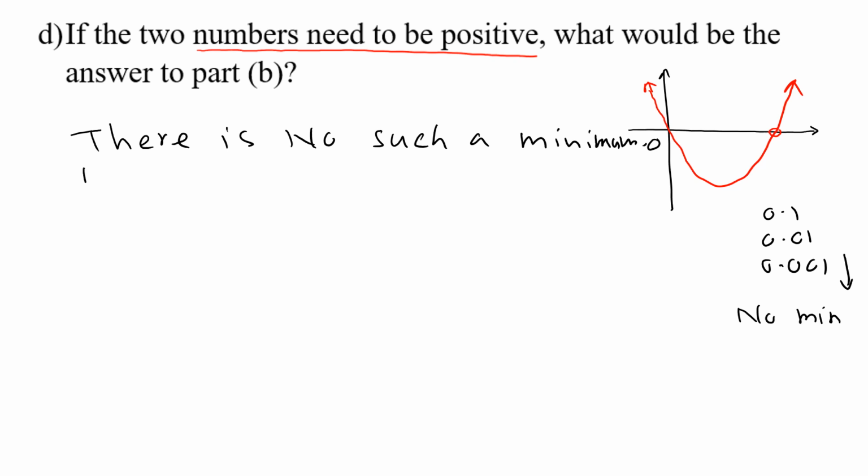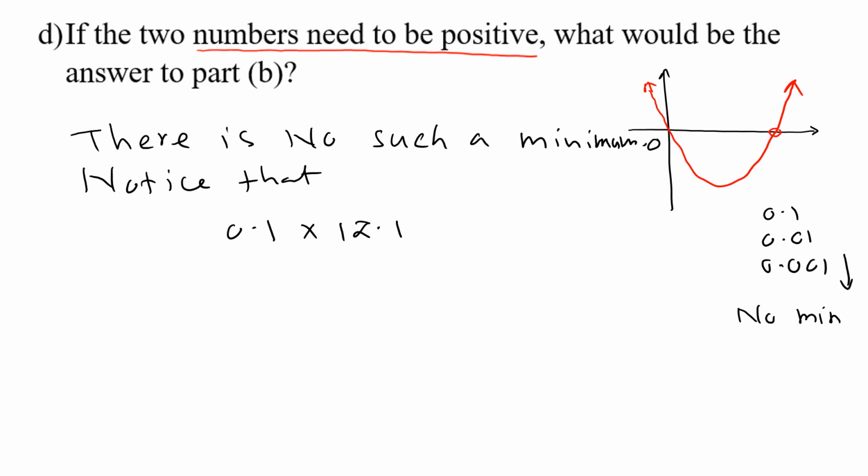Notice that, let's look at some numbers. For example, notice that 0.1 times 12.1, because what you do is you pick a number, and then you pick 12. This number is not exactly correct, it should be 0.1.